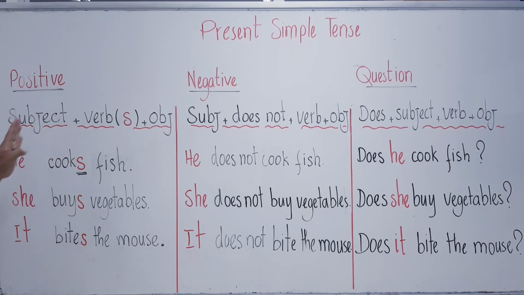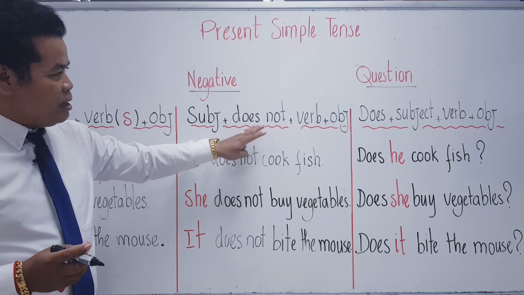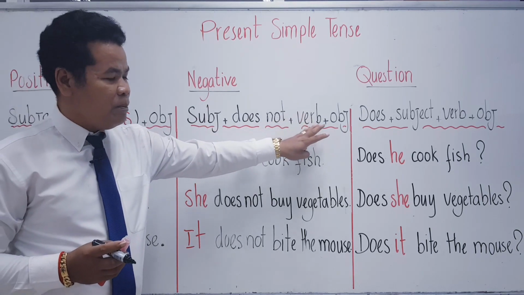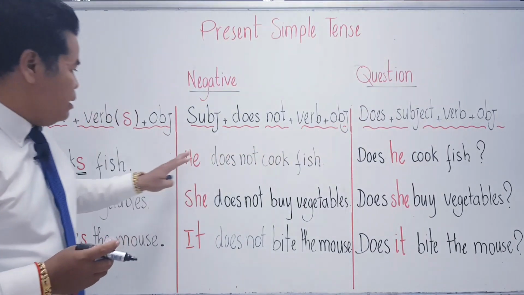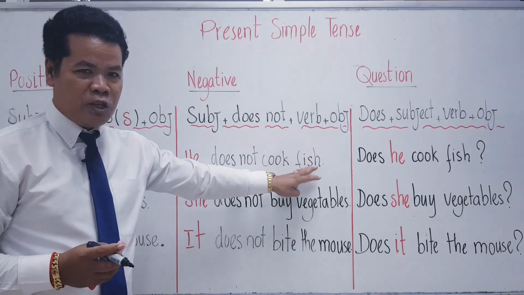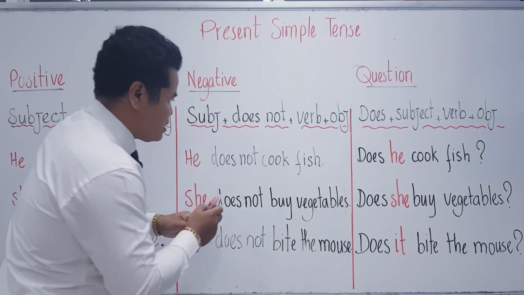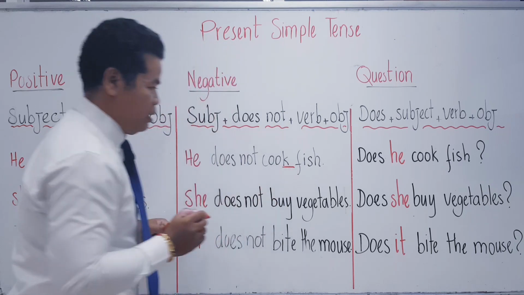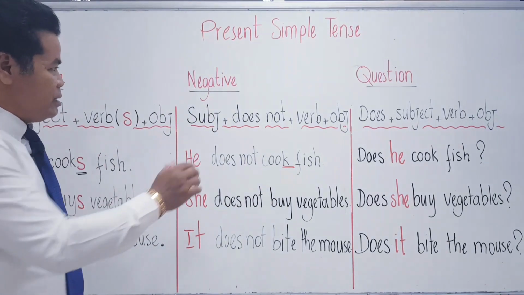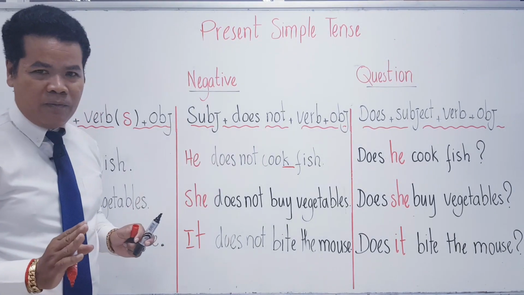And now we go to negative. Subject plus does not plus verb plus object. Example: he does not cook fish. There is no S at the end of the word cook here. The reason is this sentence is the negative one. It is not positive.